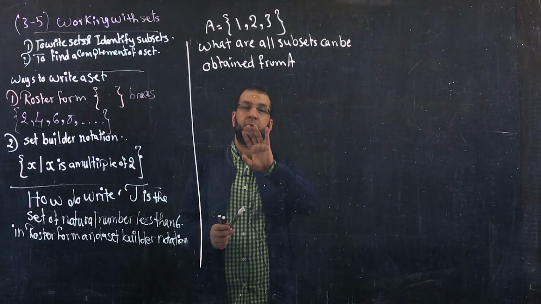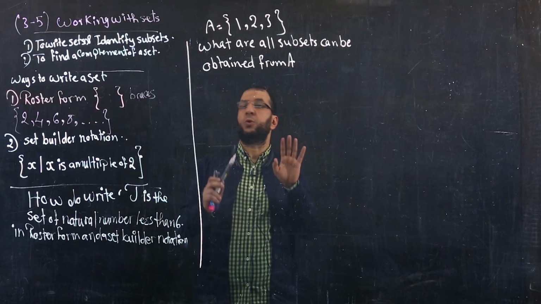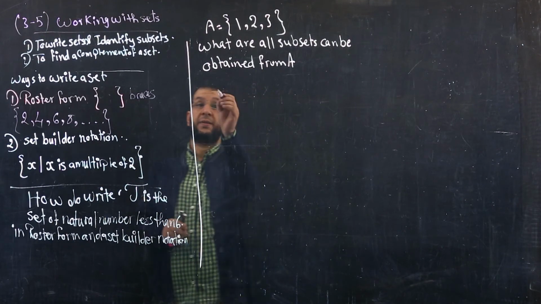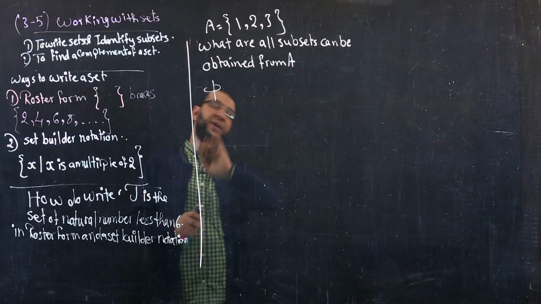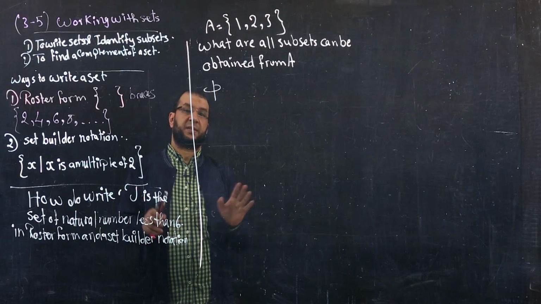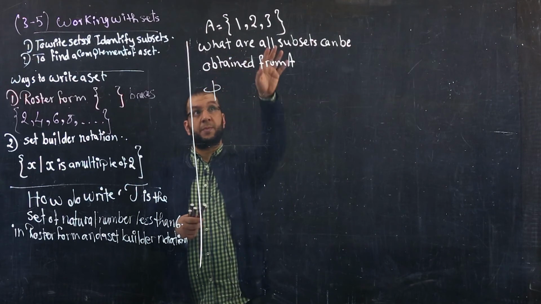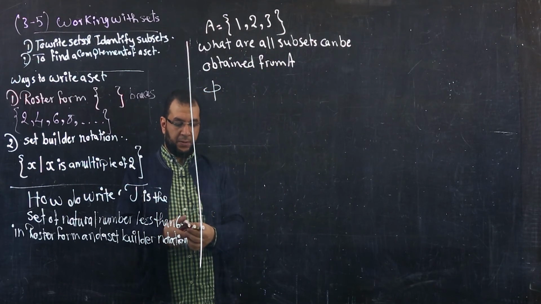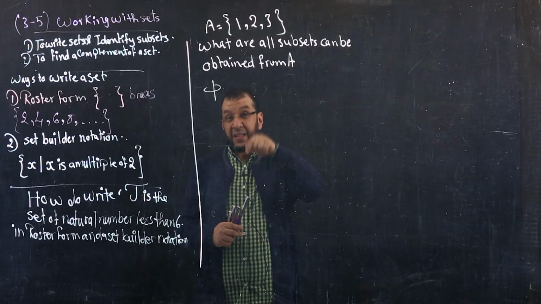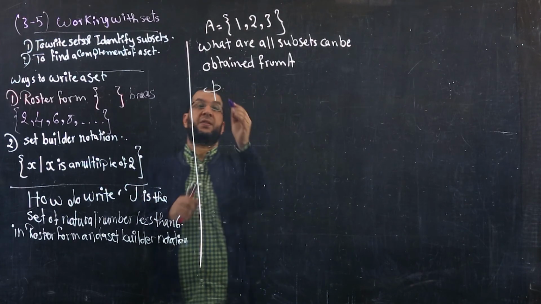We have two subsets that always exist, always considered. Phi is a subset of any set. So when I say write the subsets, write phi first. What else? The set itself, A, is a subset of itself.